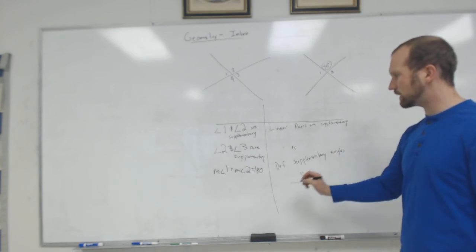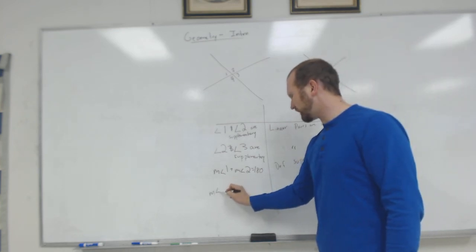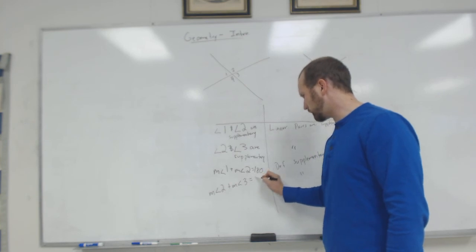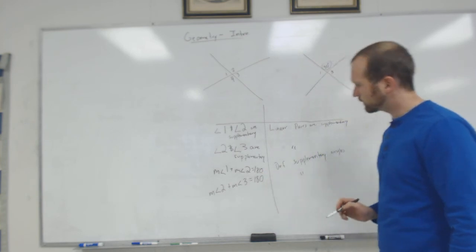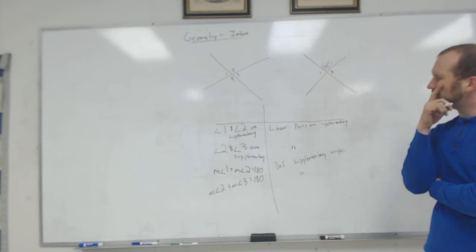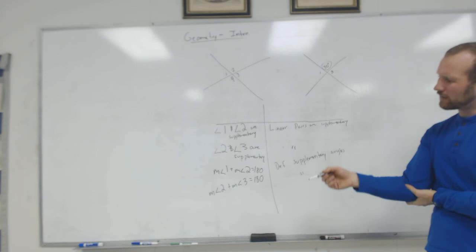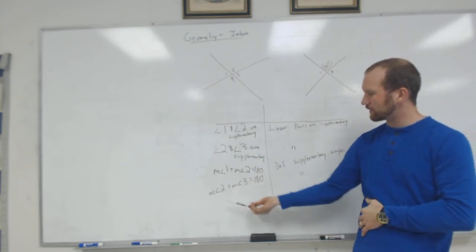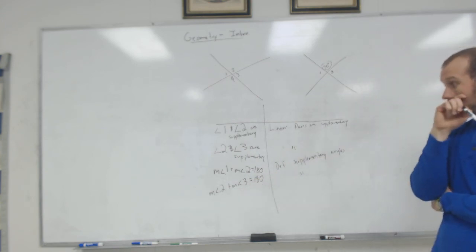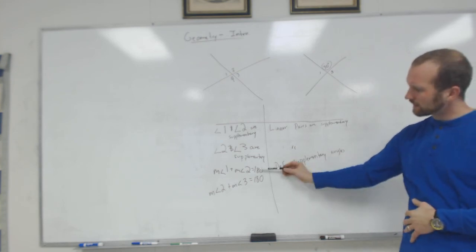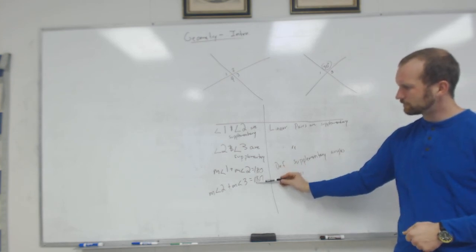And for the same reason, we know that the measure of angle 2 plus the measure of angle 3 equals 180. What could I do next? You could think about this as a system of equations.